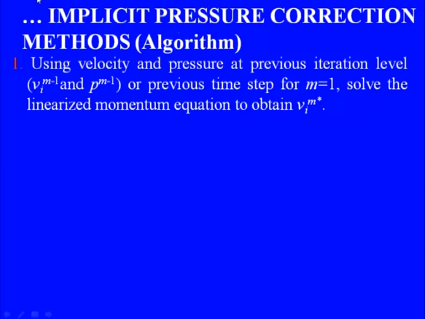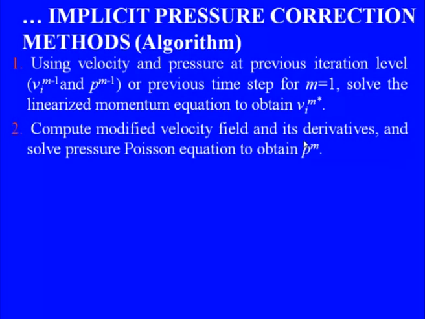So, using velocity and pressure at the previous iteration level, that is Vi m minus 1 and Pm minus 1, or at the previous time step for m equal to 1, solve the linearized momentum equations to obtain Vi m star.